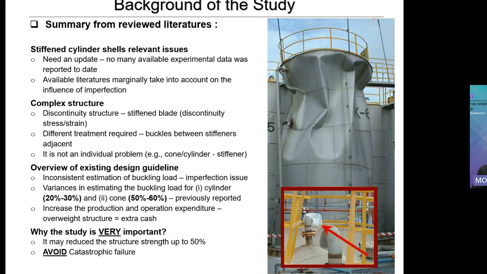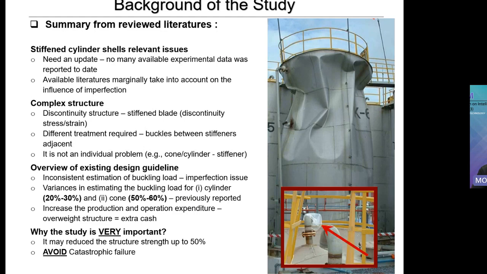Then, in the overview of existing design guidelines, there is an inconsistent estimation of buckling load due to imperfection issues, and the variance in estimating the buckling load for a cylinder is about 20 to 30%, and for a cone about 50 to 60%, as previously reported. And of course, the big question is why the study is very important.